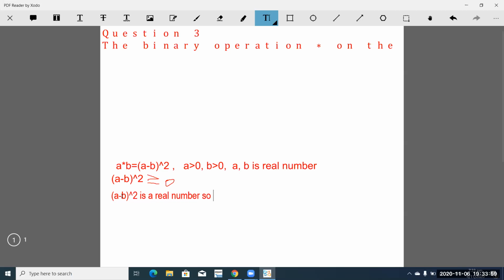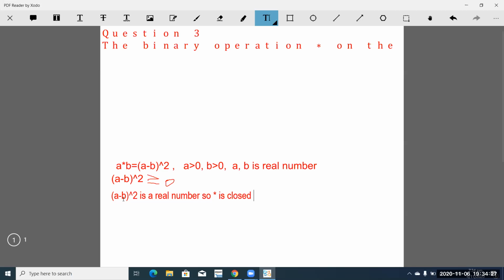So star is closed. For example, say B is negative 20 and A is 35. 35 minus 20 is squared, that's 225. A is 100 and B is 175. 100 minus 175 is 75.